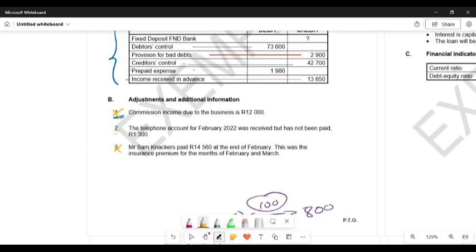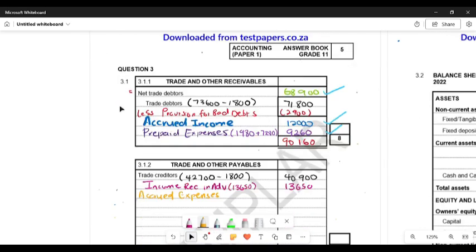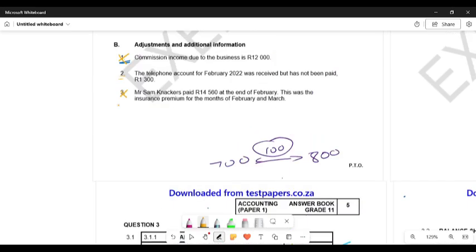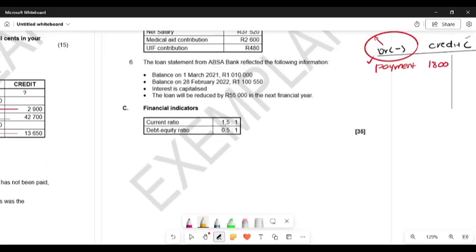And we didn't pay that amount. So that amount that we didn't pay for telephone is accrued, right? It's an accrued expense and we need to include it. So this is 1.3, right? And we're done with this transaction. Now, let us go here.